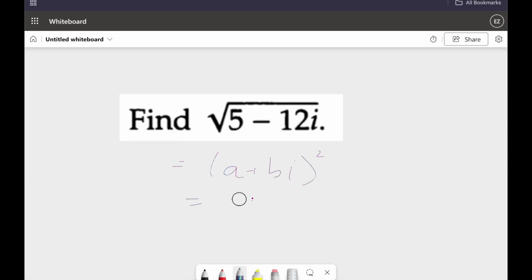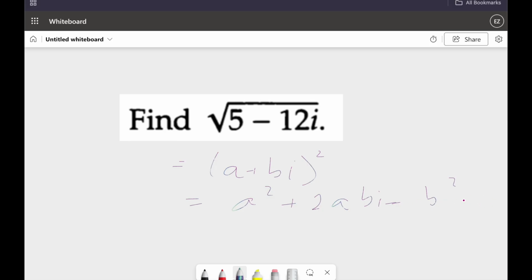We expand: a squared plus 2abi minus b squared.